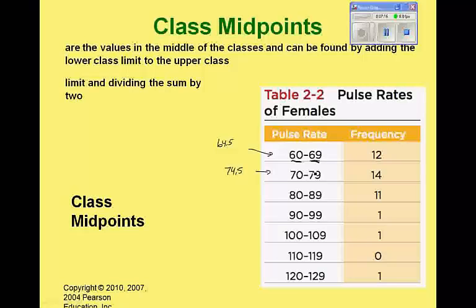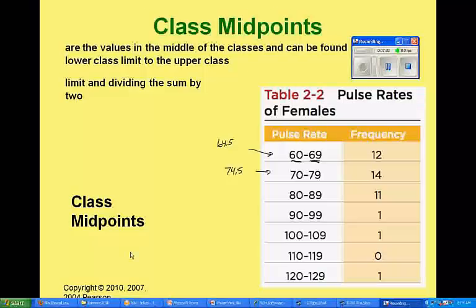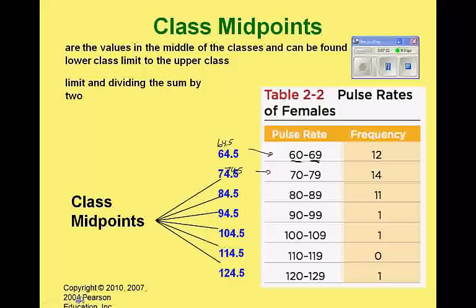See, 75 is closer to 79 than it is to 70. Or, if you're looking at boundaries, it's closer to 79.5 than it is to 69.5. So you really want to add the class limits and divide by 2 in order to find the class midpoints. So that should help you understand what class midpoints are.